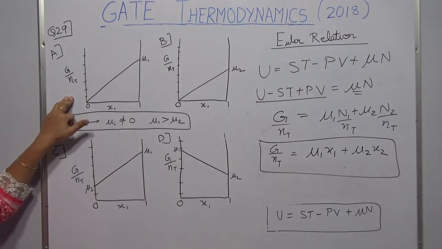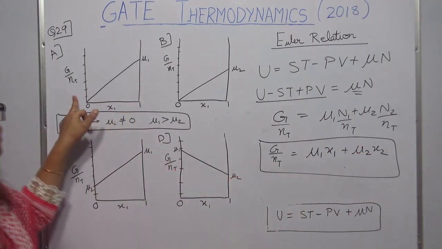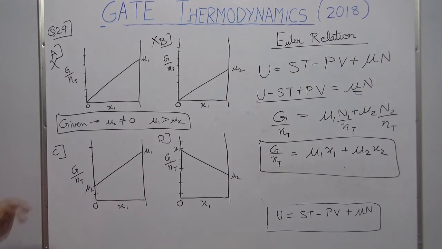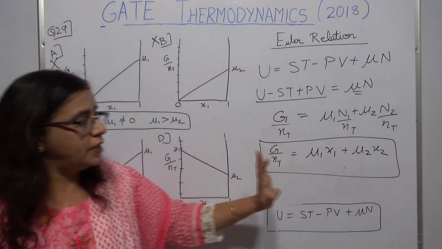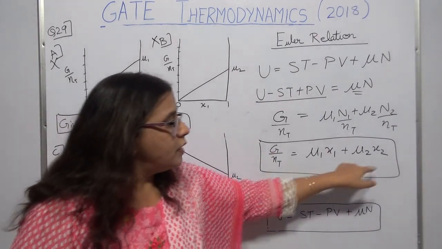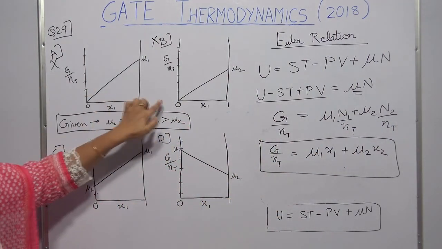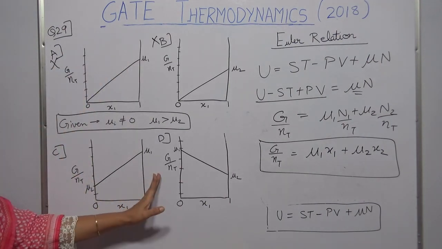Since they have said that your mu1 and mu2 are never equal to 0, these two options go away, because you never have a value that will be equal to 0 from this equation. If your x1 is equal to 1, your x2 is 0, still you have some term, so it will never be equal to 0. So these two are wrong. Let's first see this one.